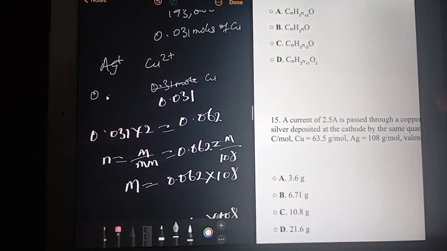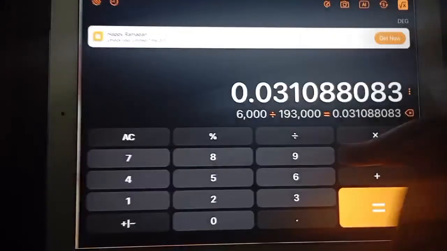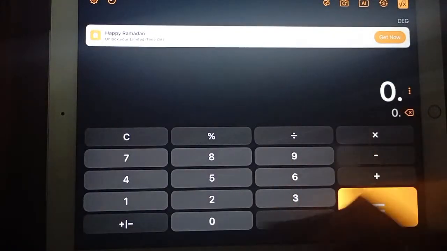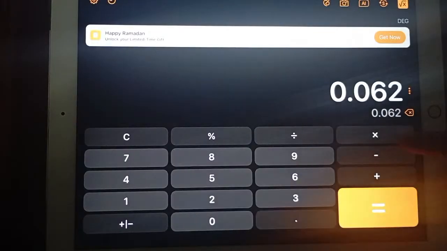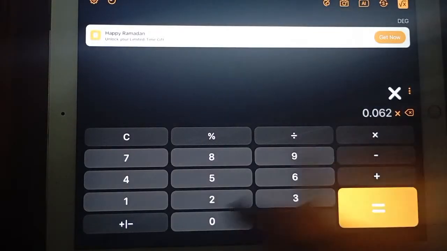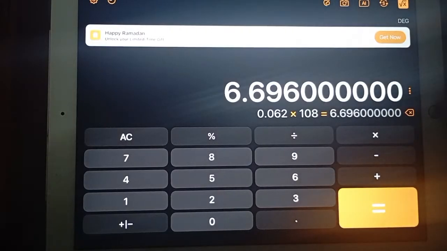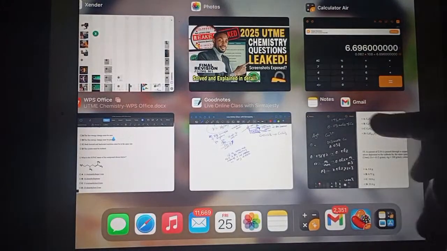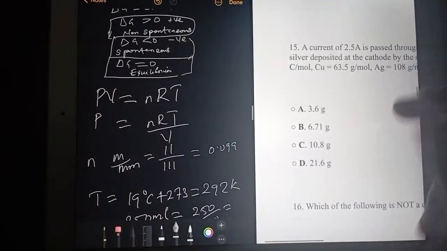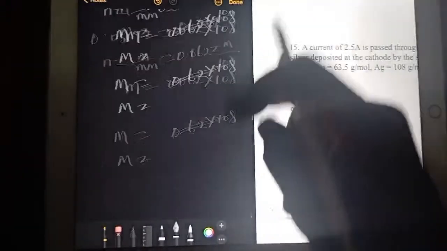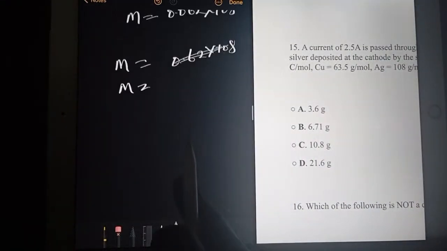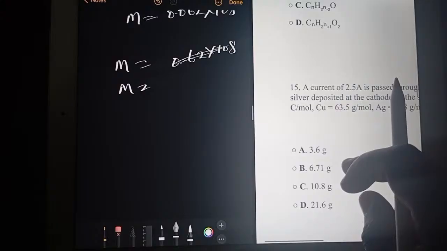All right, we go to the calculator and check. 0.062 times 108 is 6.69, which is 6.7. That's option B. So the correct answer to question number 15 is option B.